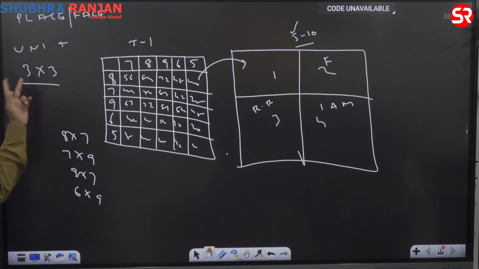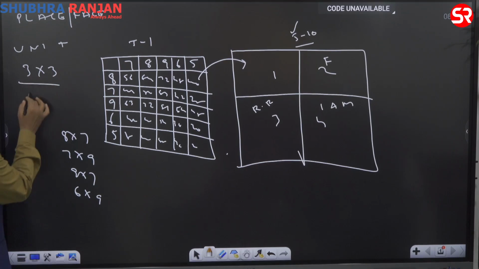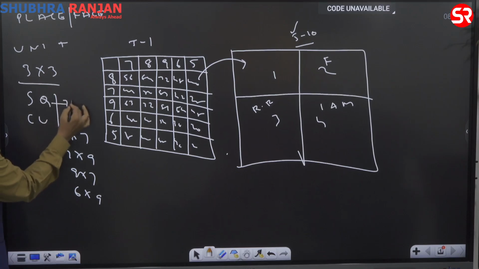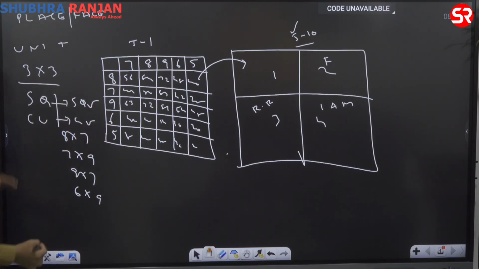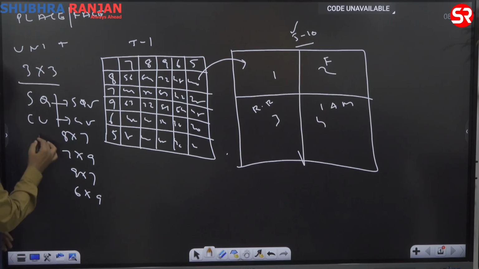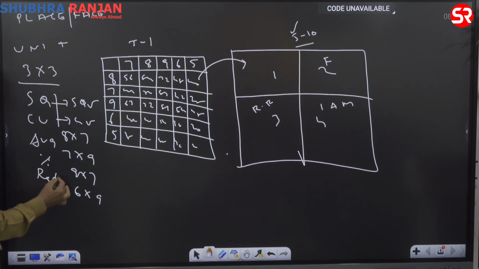Today we will do 3 by 3 multiplications and also squares, cubes, the link between square roots and cube roots, and what exactly the meaning of the terms average, percentage, ratio is. We'll just go through the meaning of these terms. Today we are going to cover all this stuff.